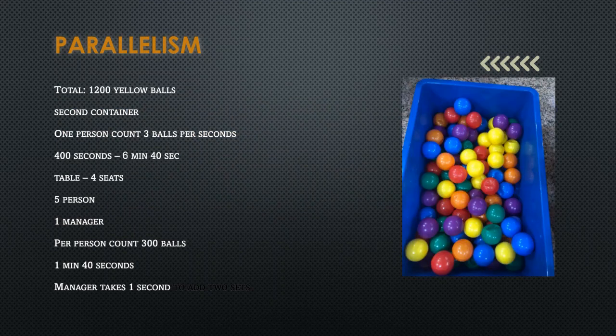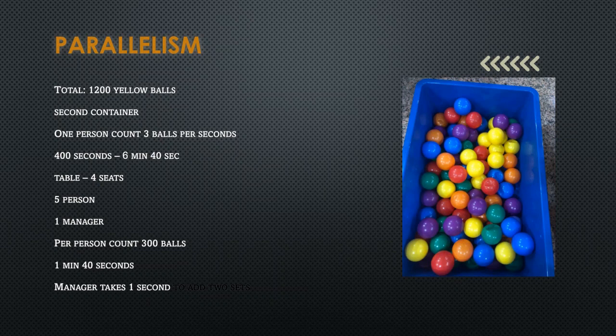Now let's understand parallelism using a ball game. Suppose you have 1200 yellow balls in a container, and this container has many other balls of all the possible colors in the world. Then you have a second container, and you are given a task to find all the 1200 yellow balls from this container and move them to the second container, which is empty.